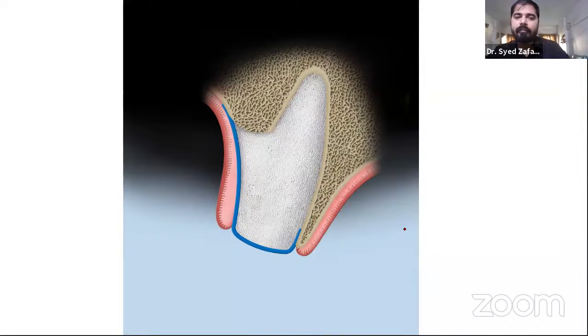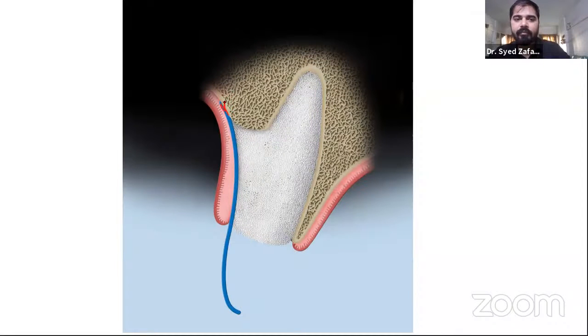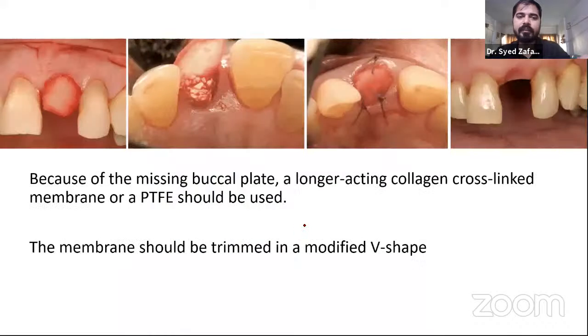We can use a membrane. We will insert the membrane in the buccal. So if there is a buccal defect, we will insert it in it and convert it like this. You can see it in the picture. First of all, we have placed the membrane in the buccal, like tunneling. We do the tunneling like this.